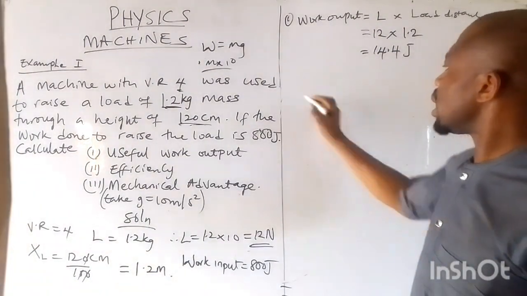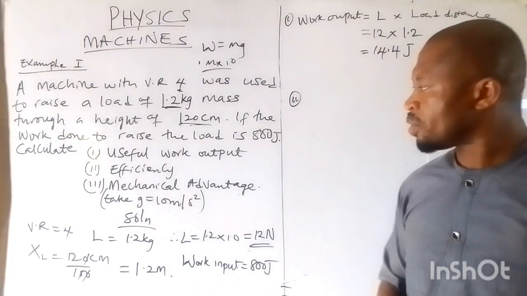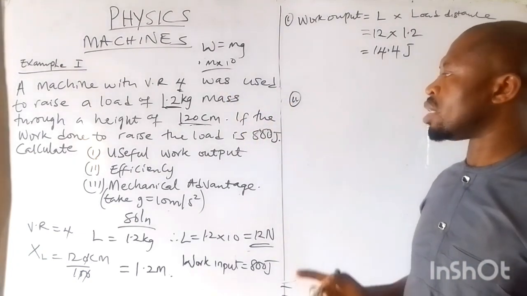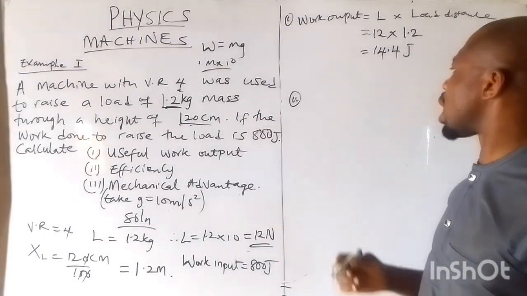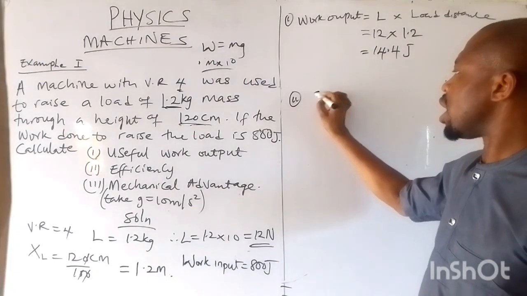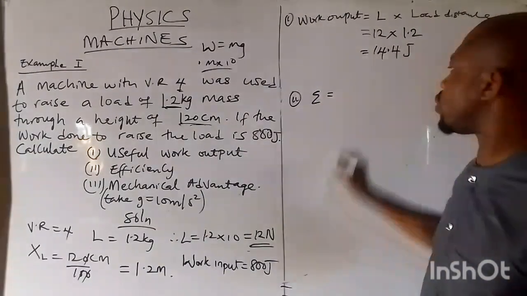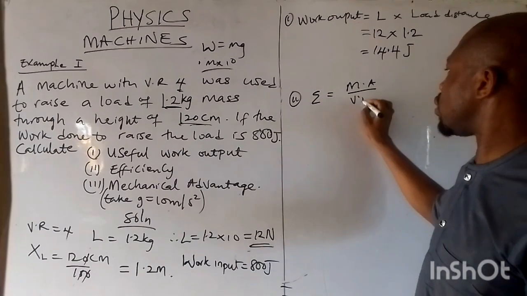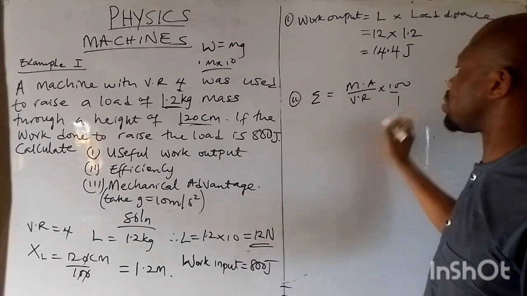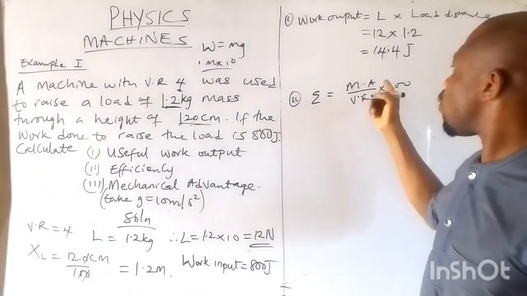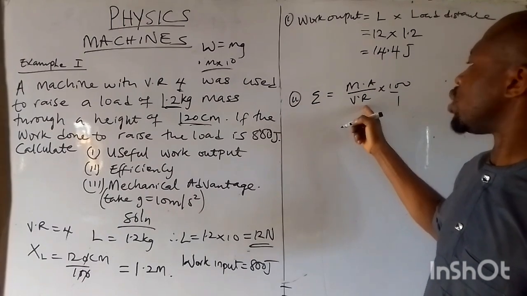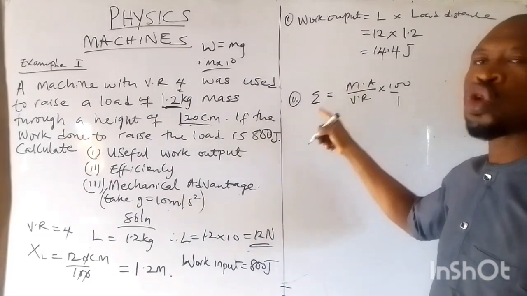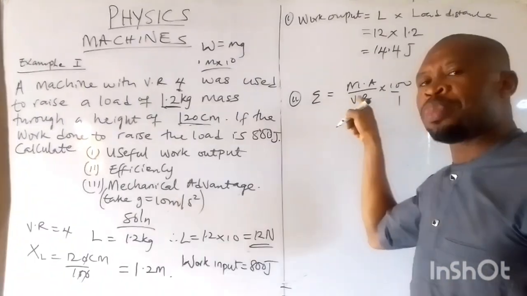Okay. The second question says, calculate the efficiency of this machine. If you need to calculate efficiency, remember, it is equal to MA all over velocity ratio times 100 over 1. Now, if you use this, we have not gotten our MA. We only have the velocity ratio. We cannot be battling with two different unknowns. Because of that, we drop this.